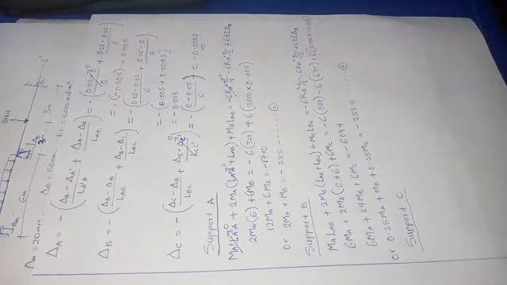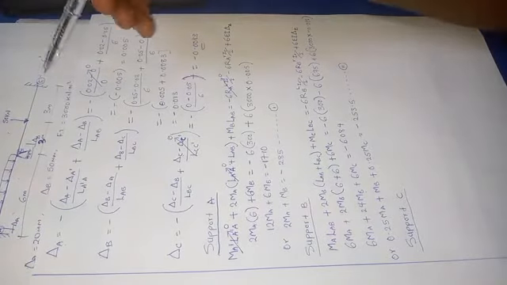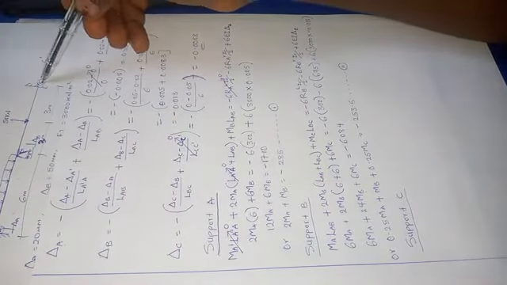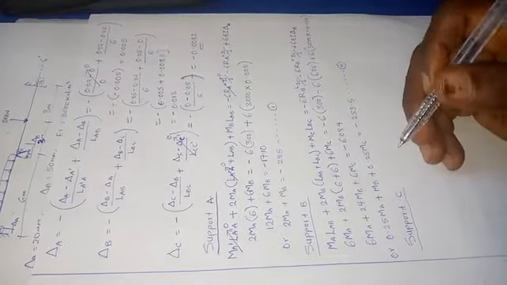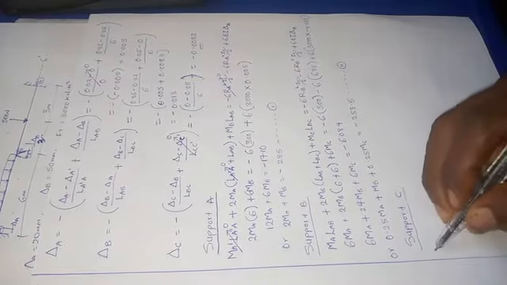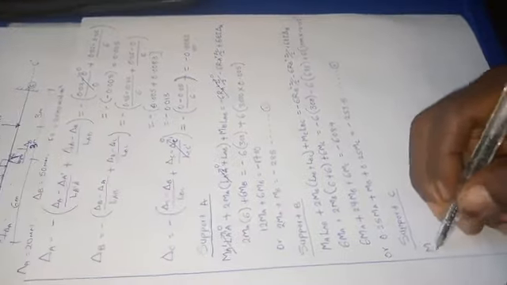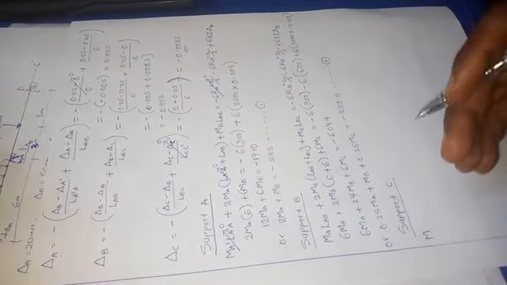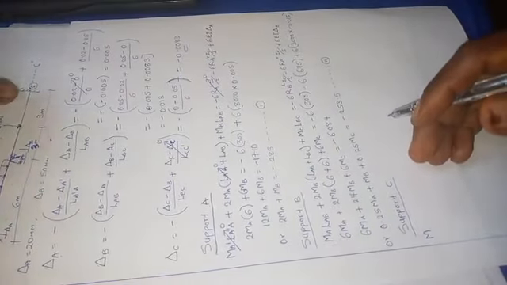My main purpose is to find my moment at C when I'm taking this last support. So at support C, I'm taking the moments at B, C, and C prime.